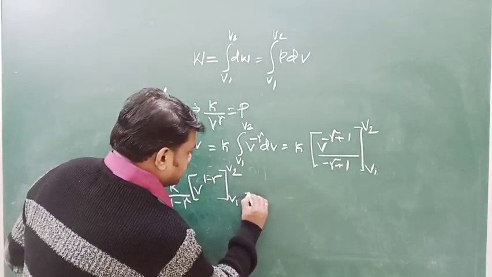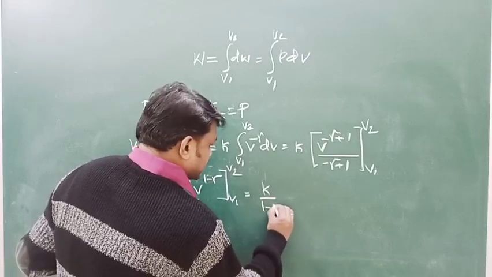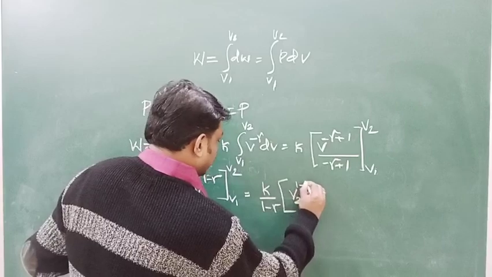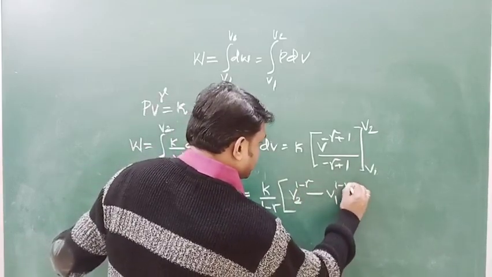This can be replaced by K divided by 1 minus gamma into V2 power 1 minus gamma minus V1 power 1 minus gamma.